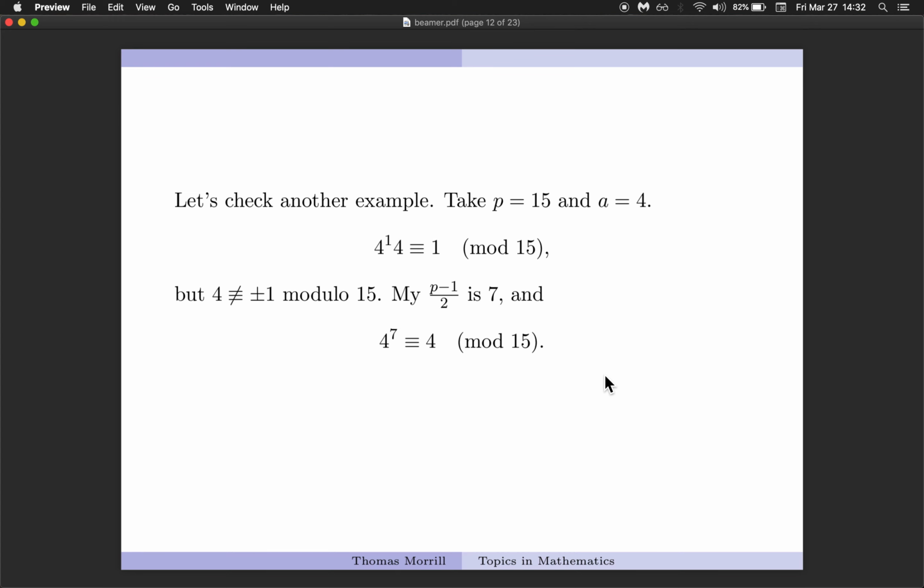So because I have an extra square root of 1, that means that 15 has to be a composite number. We already knew that 15 was a composite number. It's just 3 times 5, but we're sticking with small numbers to see the algebra at work.